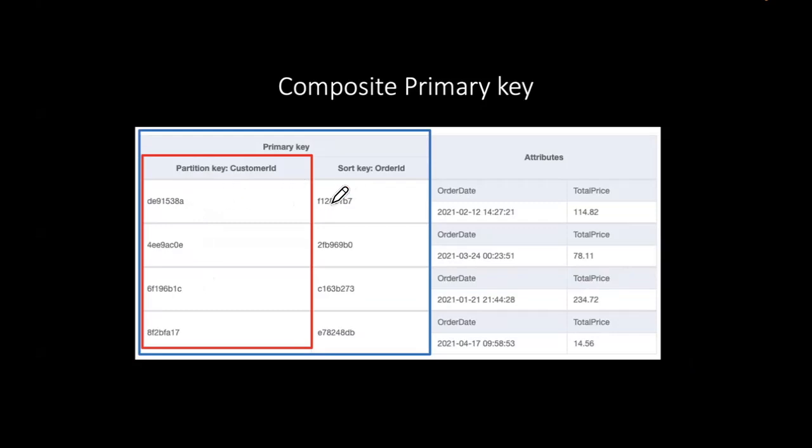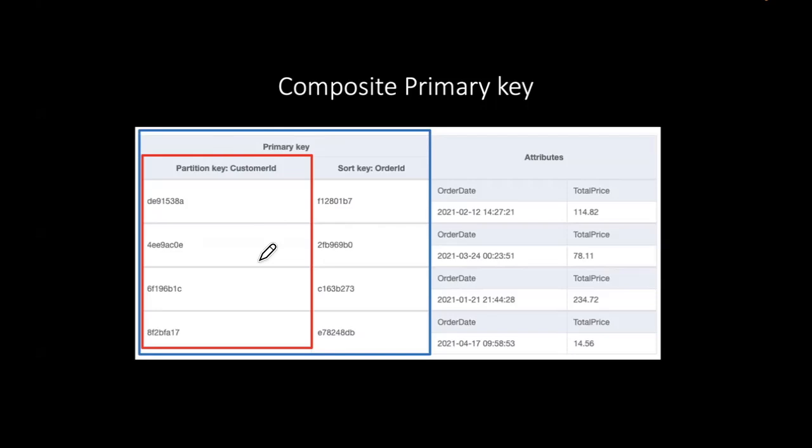Now, why you might choose this composite key versus the simple key model for essentially the same data. The reason you might choose one over the other relates to what types of read operations your application needs to carry out against this data.